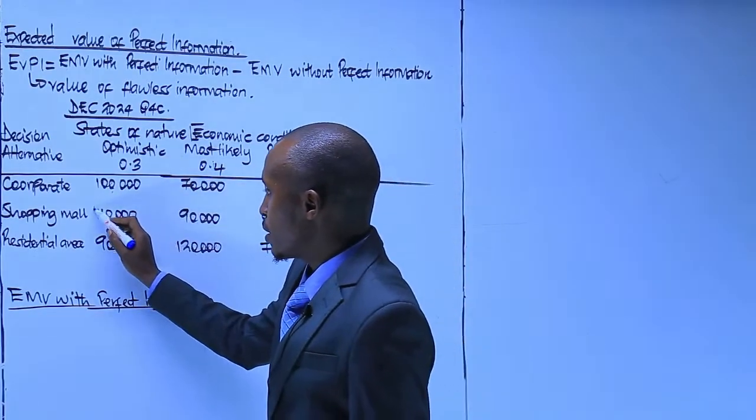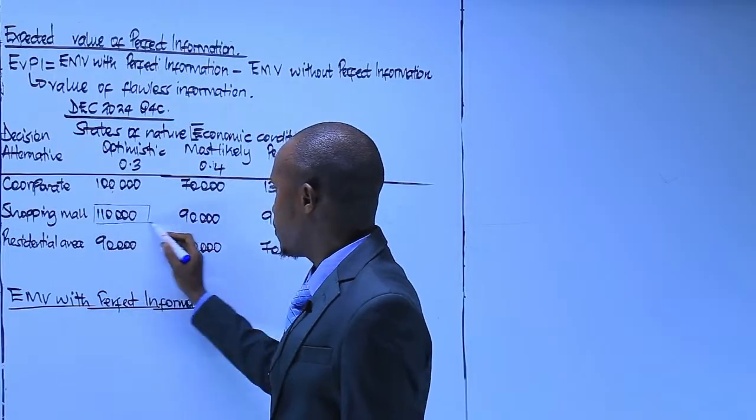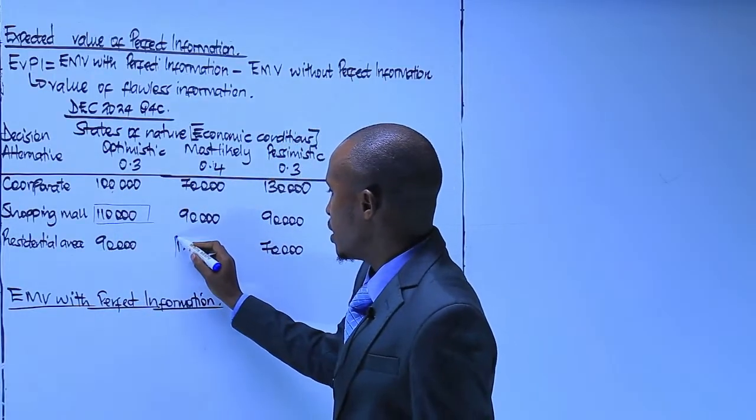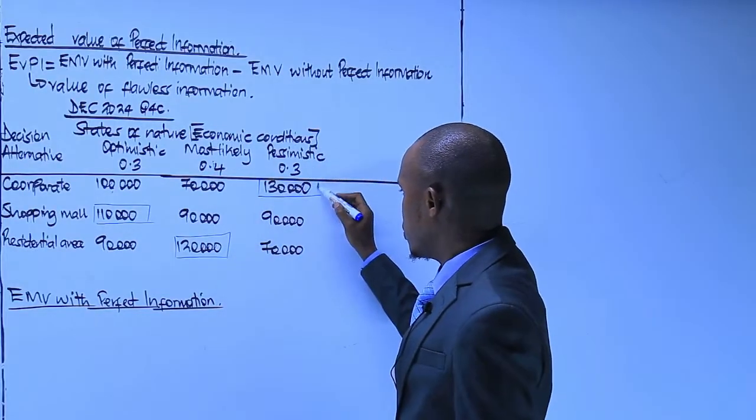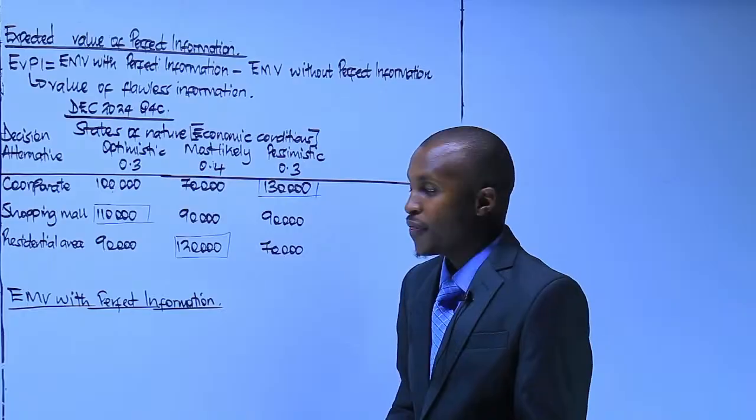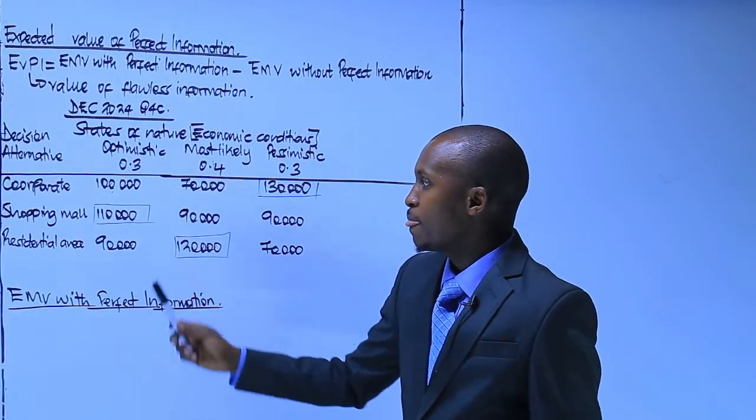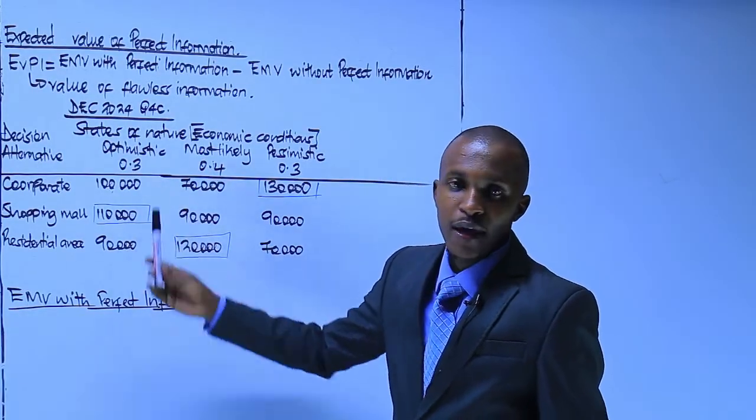For optimistic, that is your highest payoff. For most likely, that is your highest payoff. For pessimistic, that is your highest payoff. Then these highest payoffs you multiply by your probabilities.